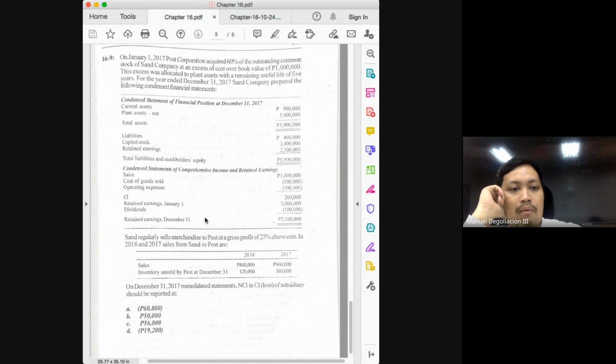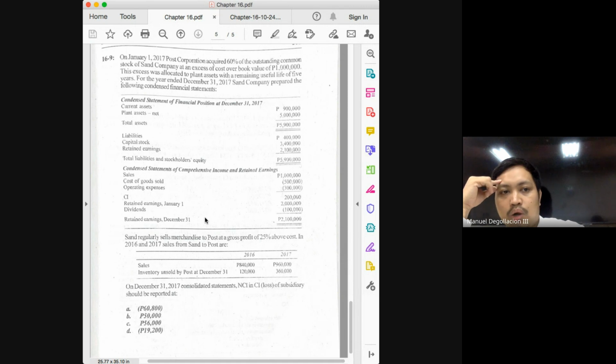Now, in this problem, what do we have? Definitely, it should be upstream. Otherwise, this problem would not be worth our time, class, because again, we need the adjusted income of the subsidiary. So if it's not upstream, then we will not have adjustments from the intercompany transaction.